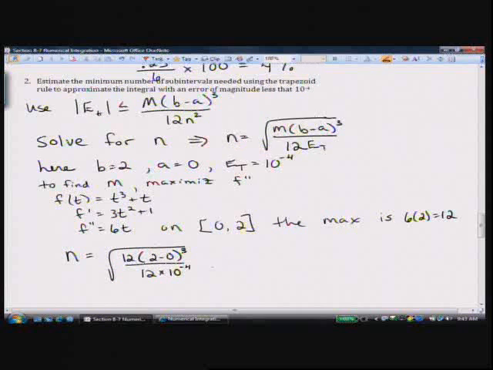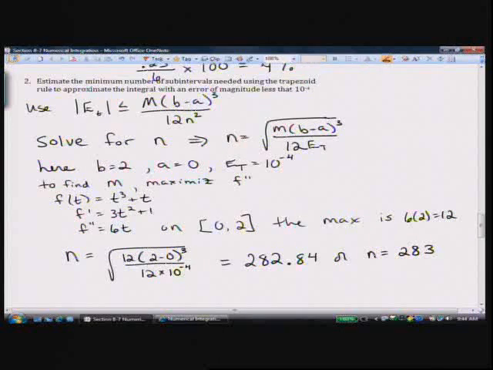And if you type this into your calculator, yeah, you can cancel those 12s, and it's 8 cubed over 10 to the negative 4, which is approximately, if you type this in, 282.84, so you want to let n equal 283. Because n is the number of subintervals, so you can't have a decimal number of subintervals.